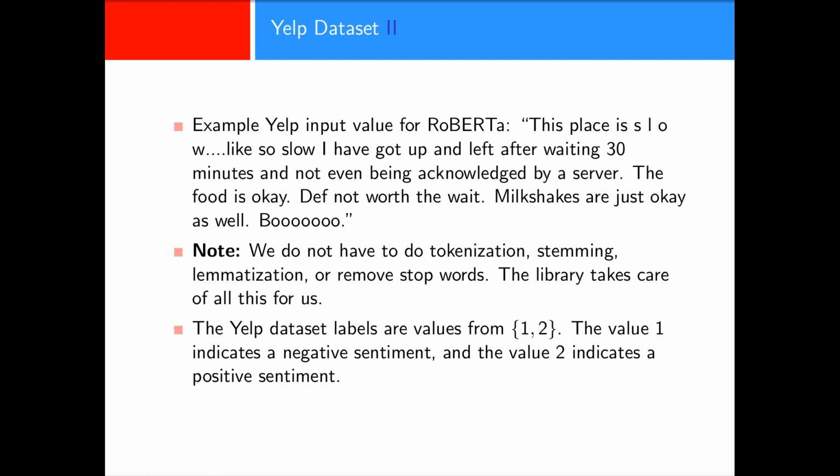It can just work on the text directly. This is an example of an actual input that we used when fitting Roberta to the Yelp data. The labels are just the values 1 and 2: 1 is negative and 2 is positive.